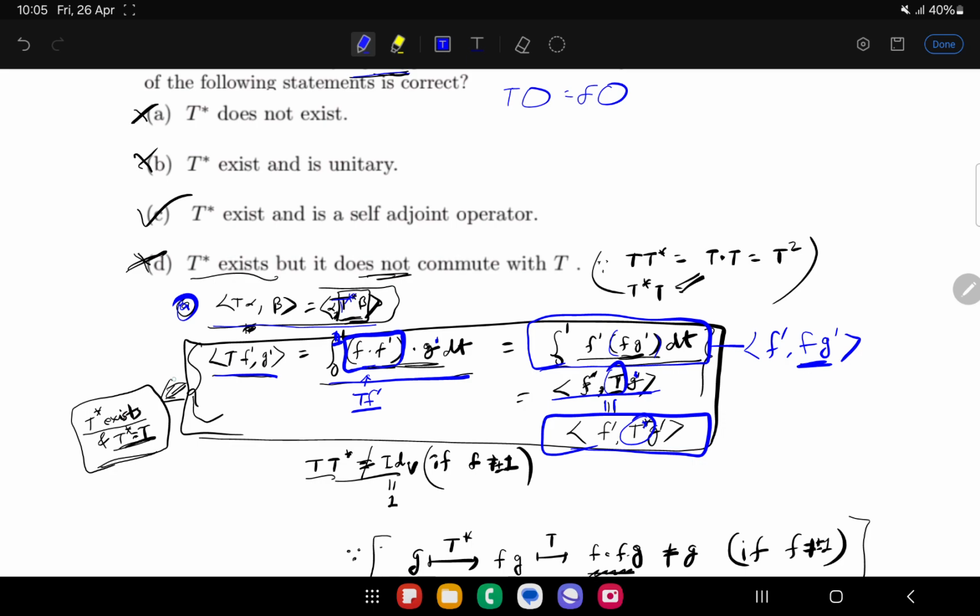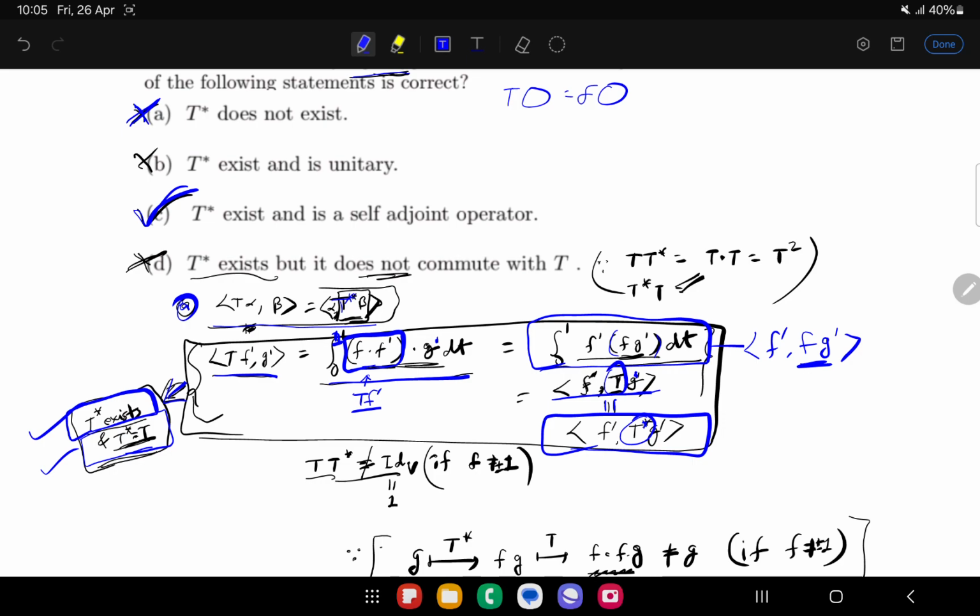So we have this conclusion here: T star exists and T star is equal to T. T star exists and it is self-adjoint. So option C is correct, and A is incorrect because C is correct.